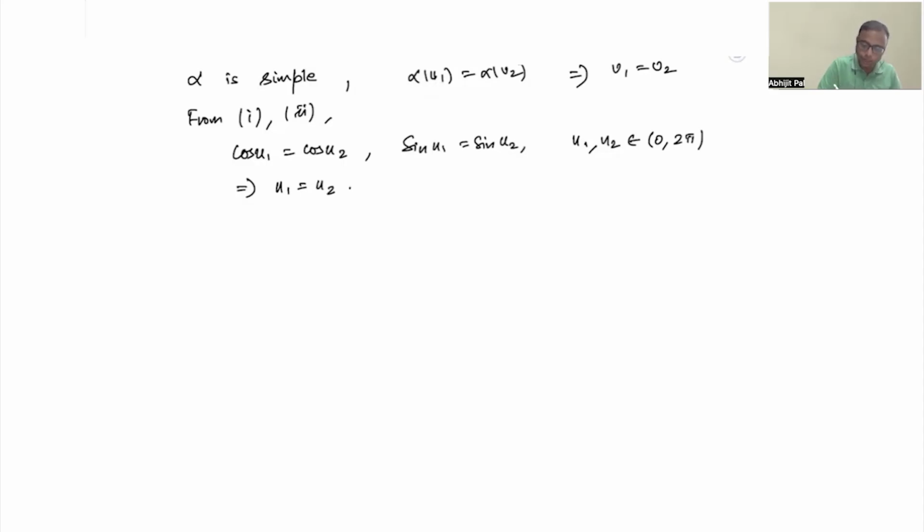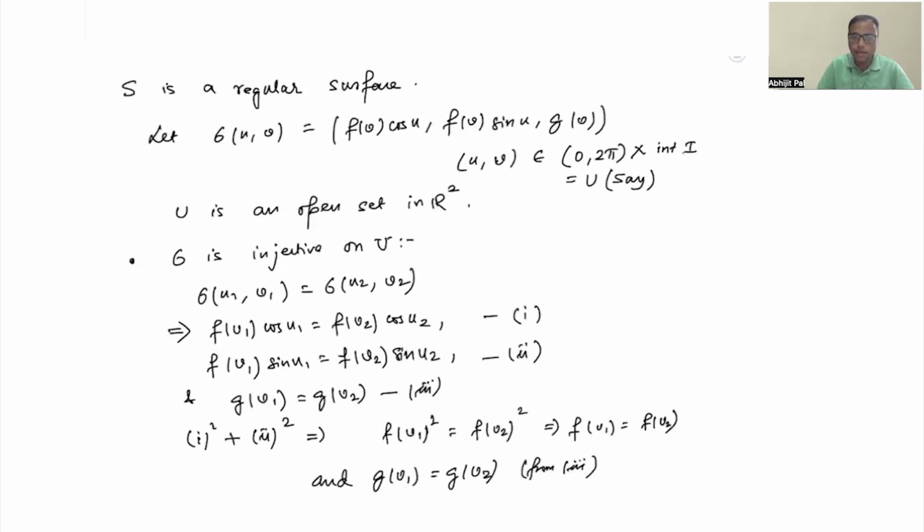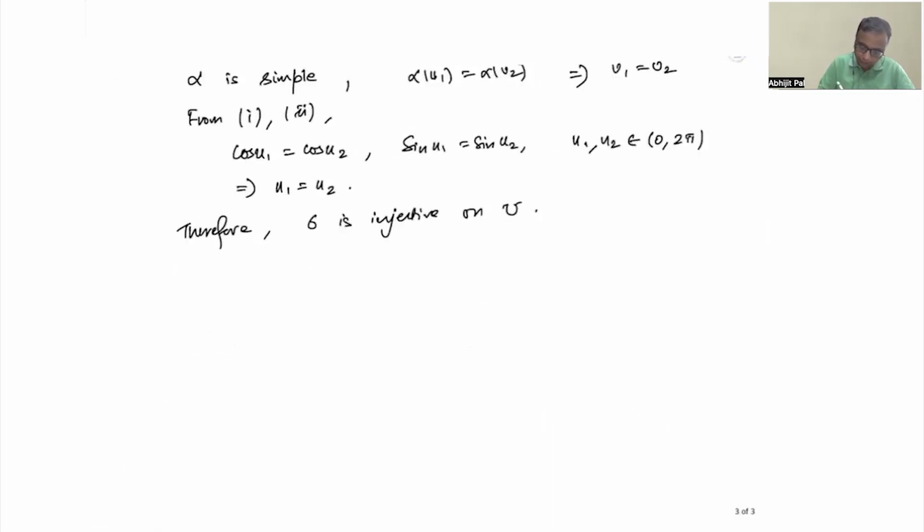So therefore we have shown that this map sigma is injective on U. Also, by the definition of the map sigma, sigma is continuous on U. Now this sigma is a map from U to sigma(U), where I've taken the image of this map, so it is automatically surjective.